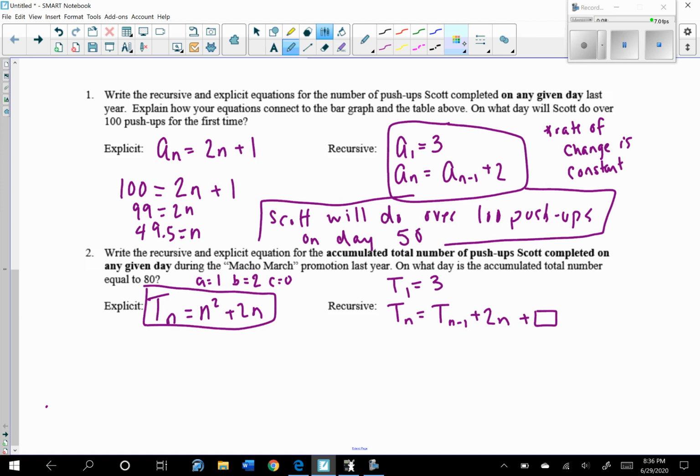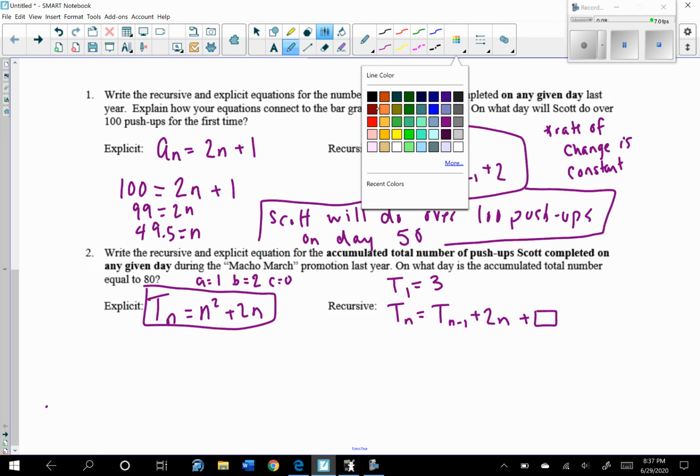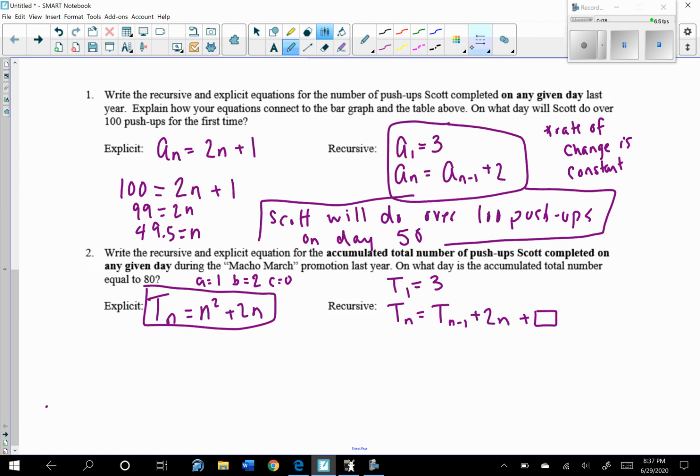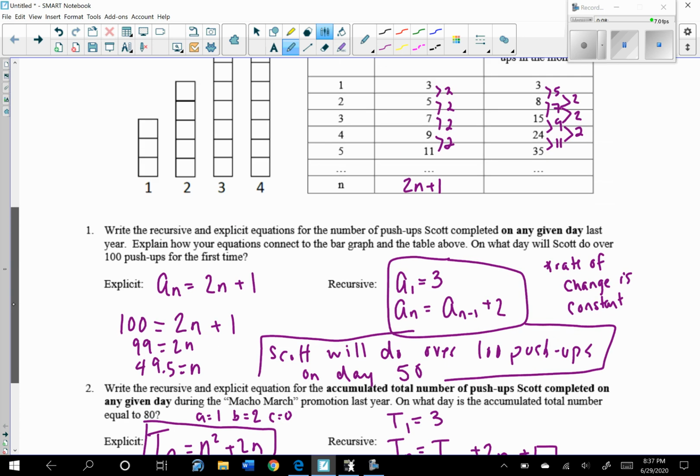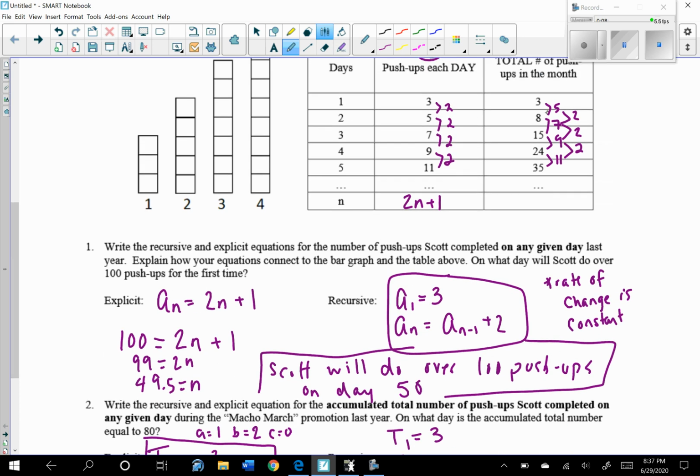So remember that to find that something, we are going to use our second term. So we're going to do n equals 2 and plug that in for our n values into our equation to solve for this. So t sub 2 is equal to t sub 2 minus 1 plus 2 times 2 plus something. If I go back up to my table, t of 2 is equal to 8.